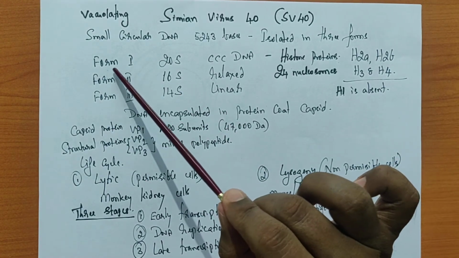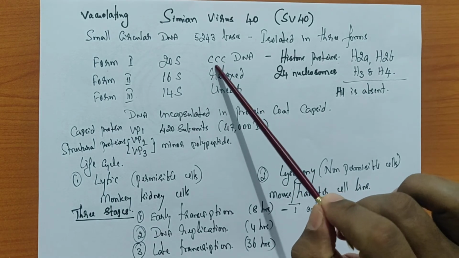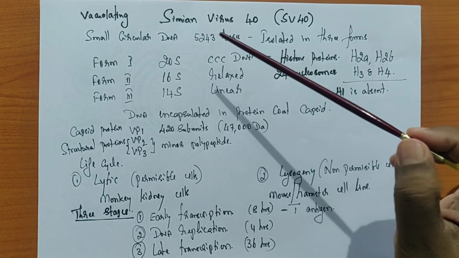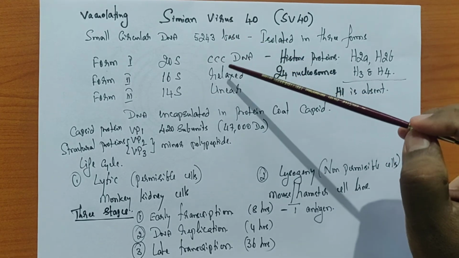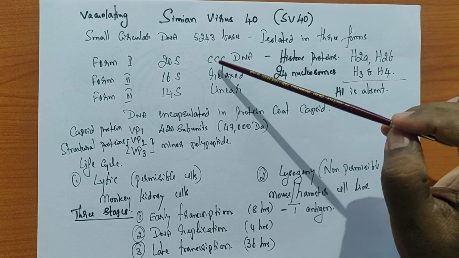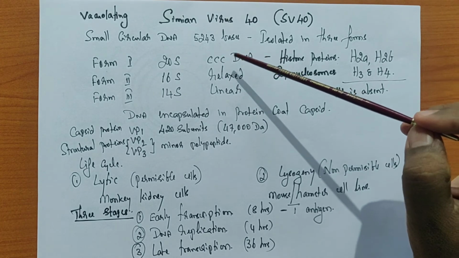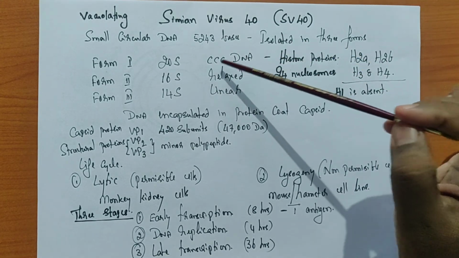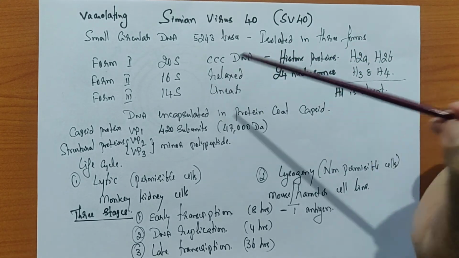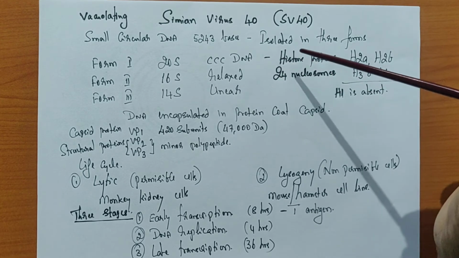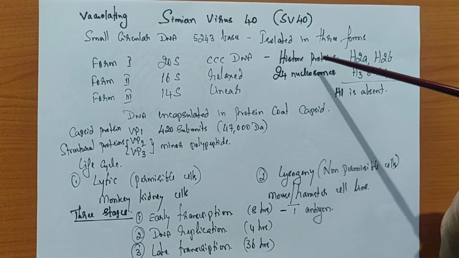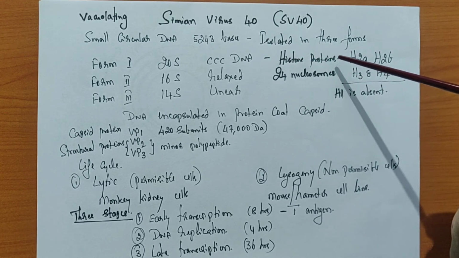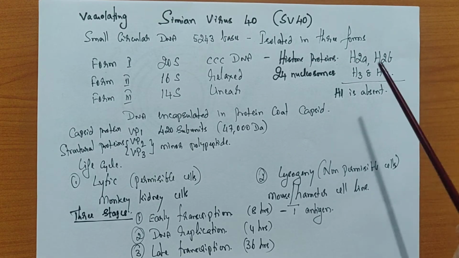Form 1 we call CCC DNA, covalently closed circular DNA. This one also has a lot of histone proteins attached to it.